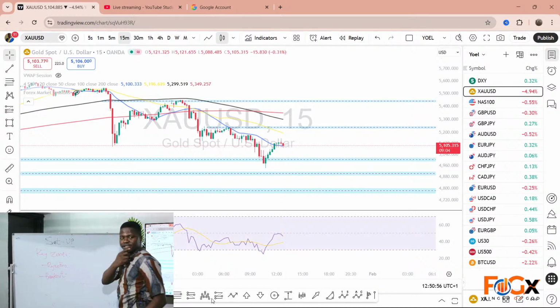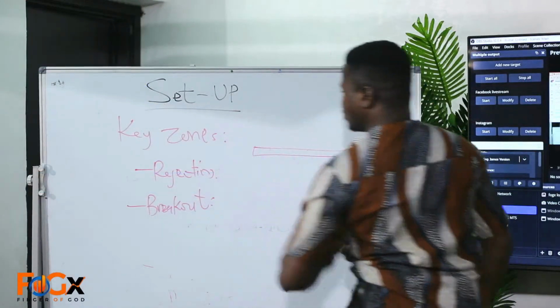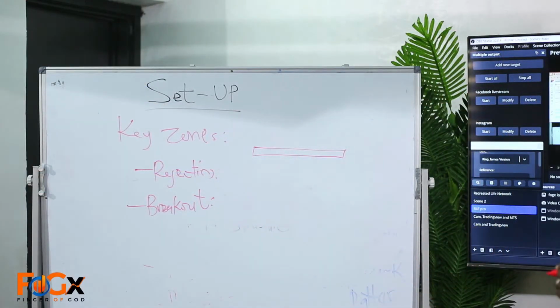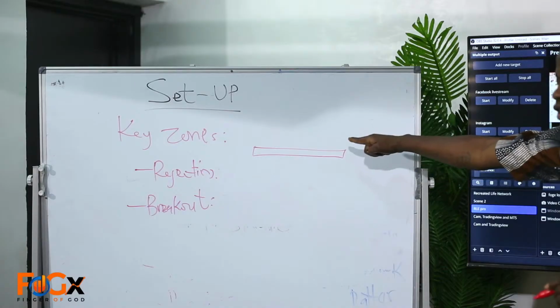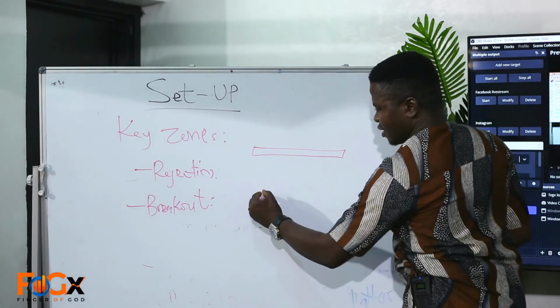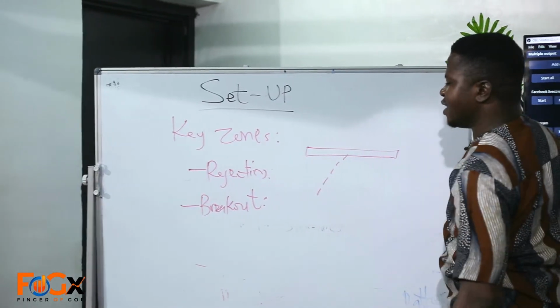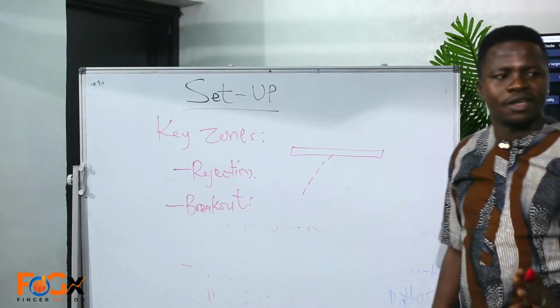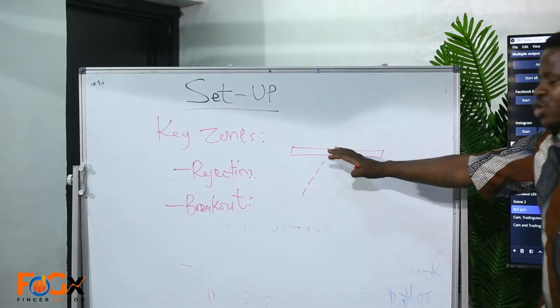Now, for the rejection, let's say this is your key zone. And price is coming. When price gets here, the first thing is, if it's not coming with full force, it will slow down here.